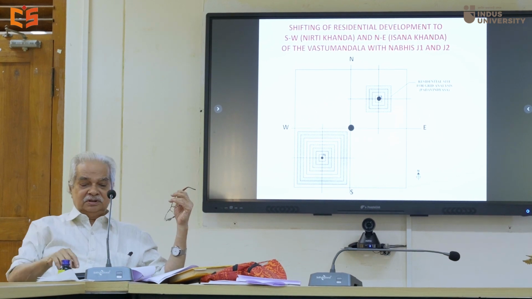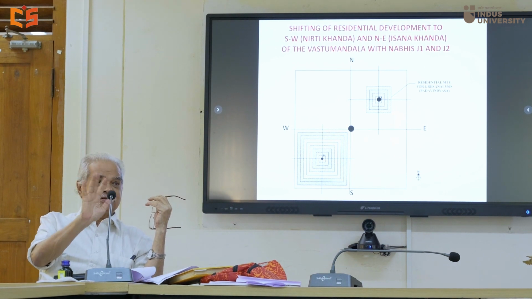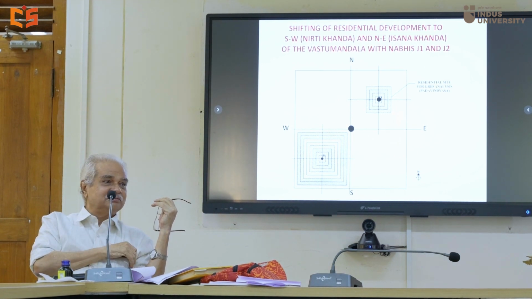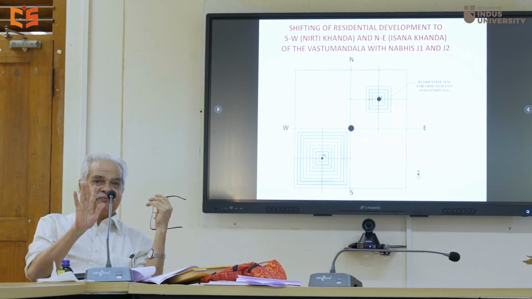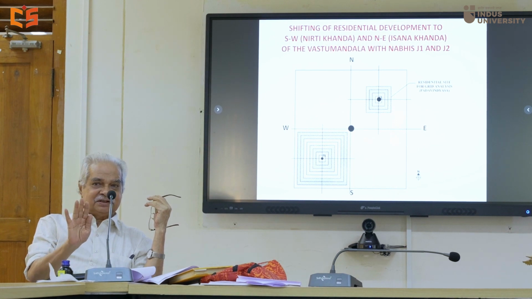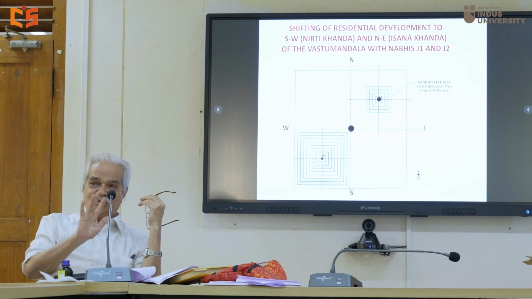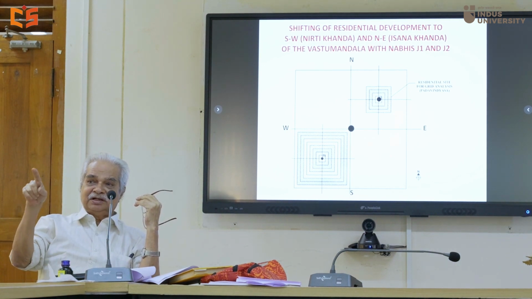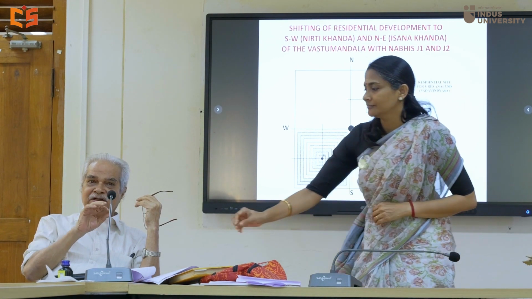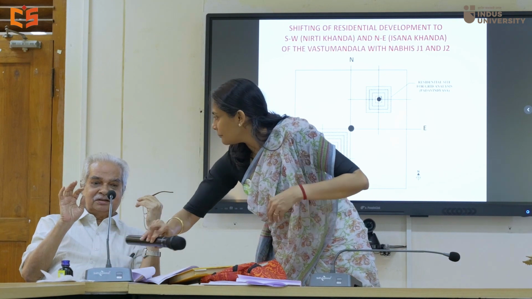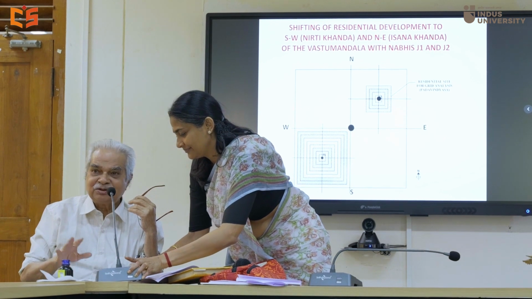What about the northwest Khanda? No, it's not for dwelling. It's for whom? That means you are effectively utilizing only 25% or at the maximum 50%. 50% you are not occupying because this is the space for something like a Chadushala construction. Okay, Chadushala construction. Right? So don't occupy that.